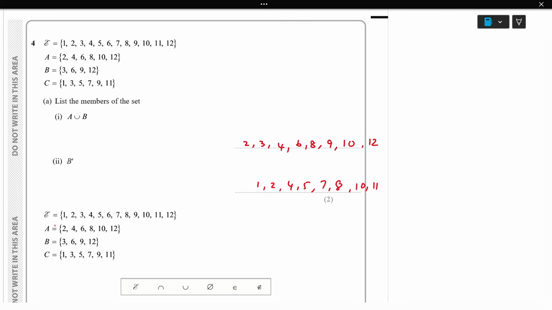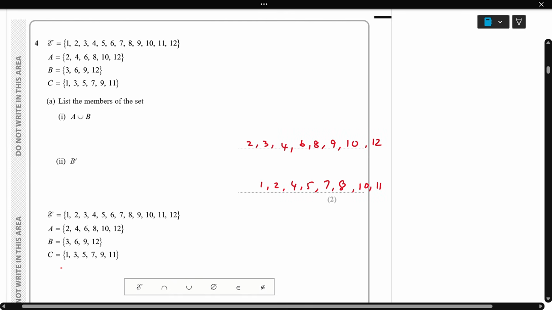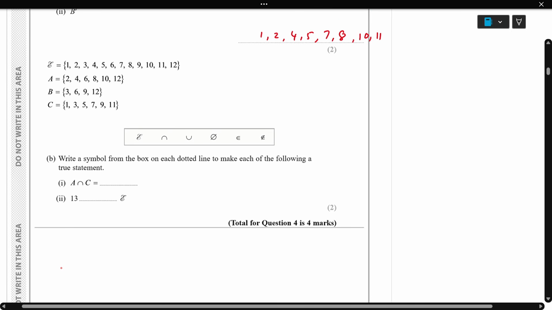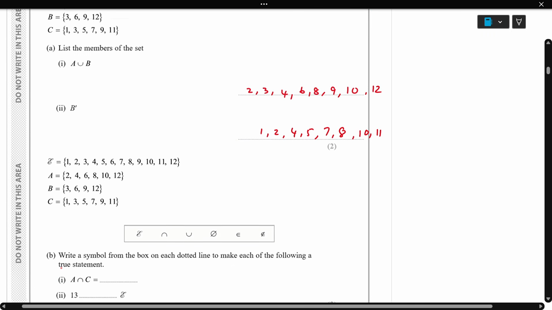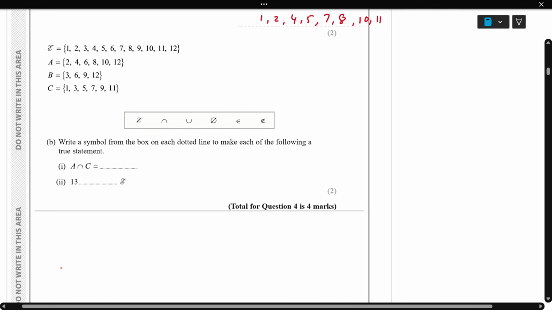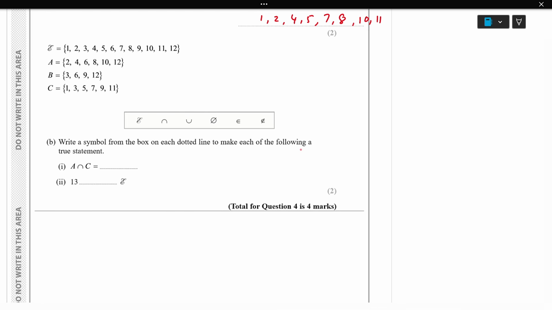Next question. Here the sets are given: A, B, and C also is given. Now write a symbol from the box on each dotted line to make each of the following statements true. A intersection C means the common elements.